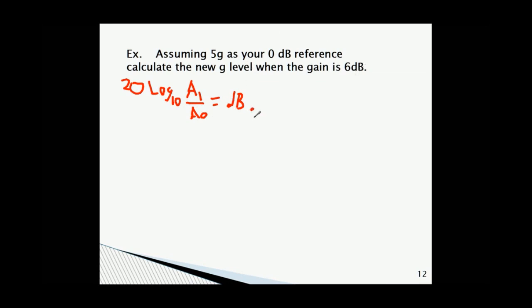So let's go ahead and plug these values into the equation. We have 20 log base 10 of A1 over 5, because 5 is our input, our A naught, is equal to 6. Okay, now we're going to go ahead and start simplifying this problem. First, we're going to divide both sides by 20.